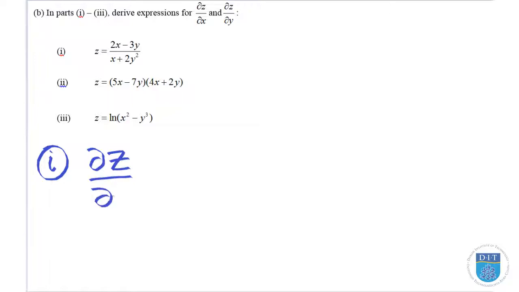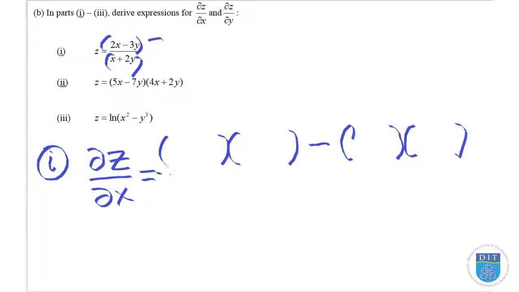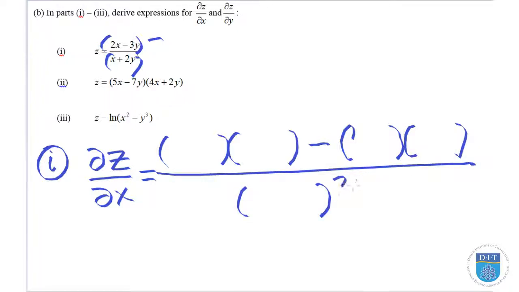So del z del x is, and if you want to add the words, think of brackets: put all of that top term in a bracket and all the bottom in a bracket. It has to start with the bottom though. Bottom by derivative of top. So the bottom in a bracket by the derivative of top minus top bracket by derivative of bottom all over the bottom squared. So I'm writing that first.